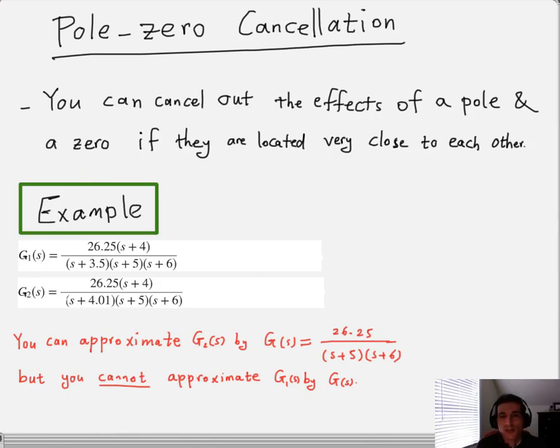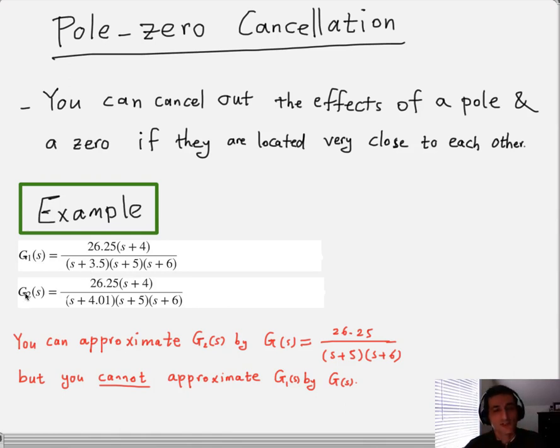The very last topic I'm going to talk about, finishing up chapter 4, is what is called pole zero cancellation. It turns out that you can cancel out the effects of a pole and a zero if they are located very close to each other. For example, you have two systems, G1 and G2. In the first system, you have a zero at -4 and three poles at -5, -6, and -3.5.